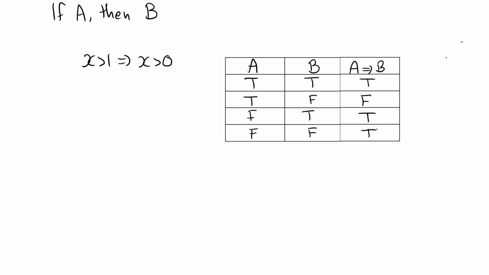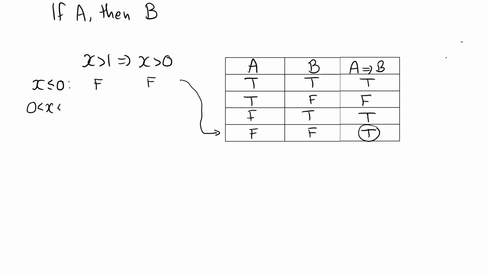An implication viewed as a statement is true if it's true for all possible values of x. We can confirm that the implication x greater than 1 implies x greater than 0 is a true statement by considering various values for the free variable x. If x is less than or equal to 0, then both A and B are false and the implication is true.